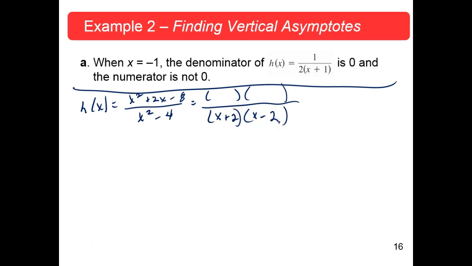Now, the reason I did that is if the numerator won't factor into one of those, then it's immaterial because nothing's going to cancel out. So let's try first x plus 2 and see if that will factor. I don't know if it will. This is just trial and error.